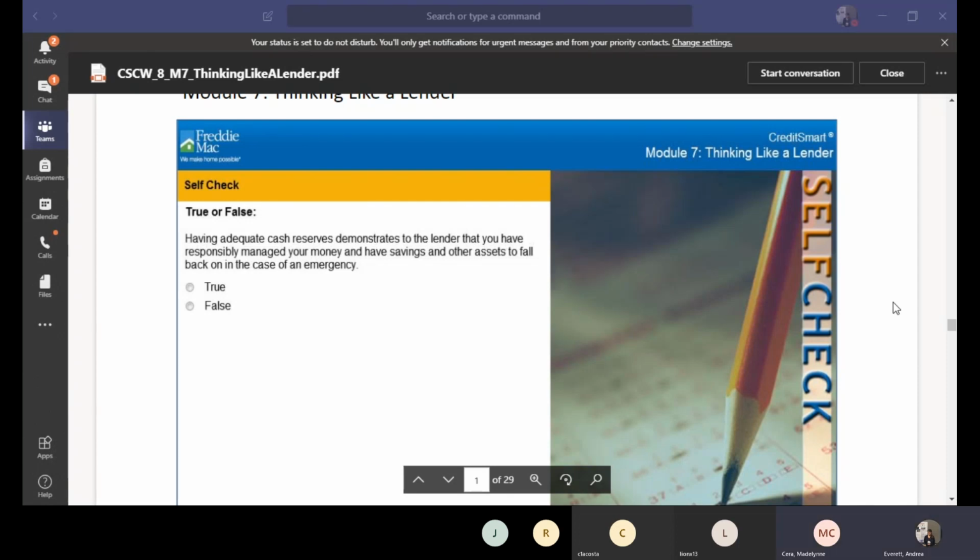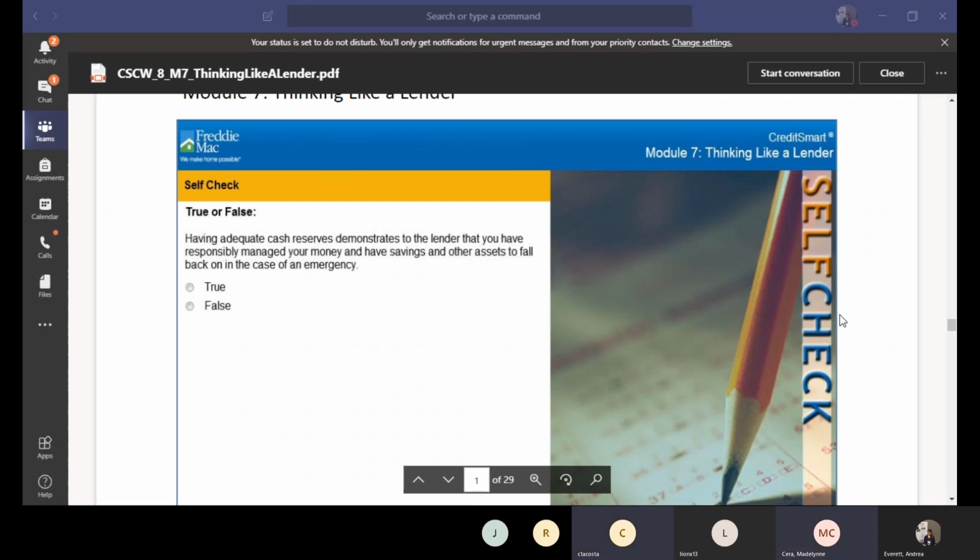Having adequate cash reserves demonstrates to lenders that you have responsibly managed your money and have savings and other assets to fall back on in the case of an emergency. True or false? True.